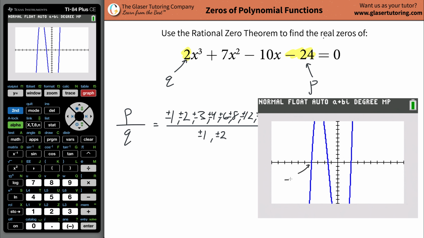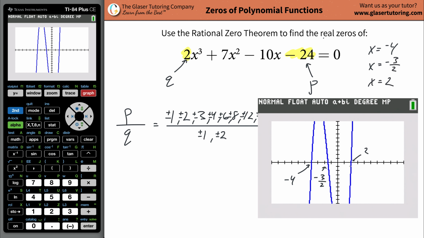Each one of those tick marks represents a unit of 1. This looks like about maybe -1.5, or -3/2. And this one looks like it's probably about +2. So we would have x equals -4, x equals -3/2, and x equals 2.